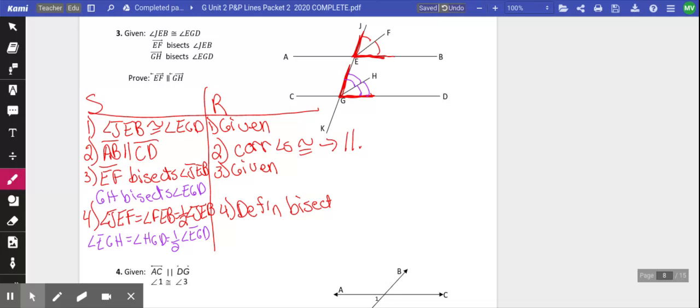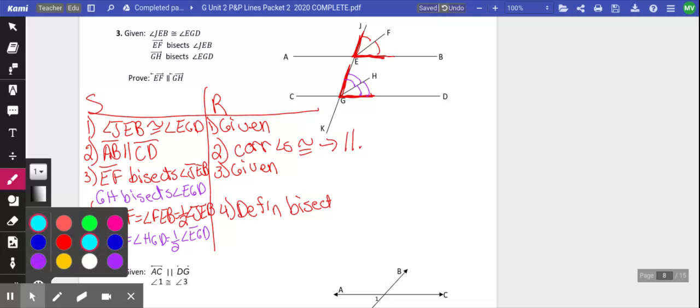Now what I'm really looking for is that EF is parallel to GH. So if I look at that, I can use a couple of different angles.